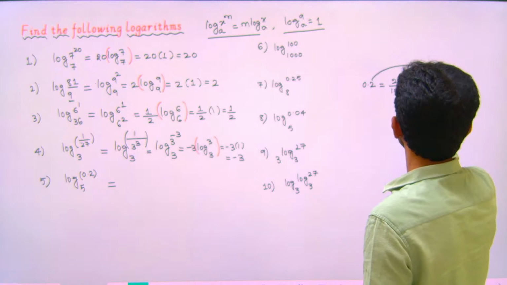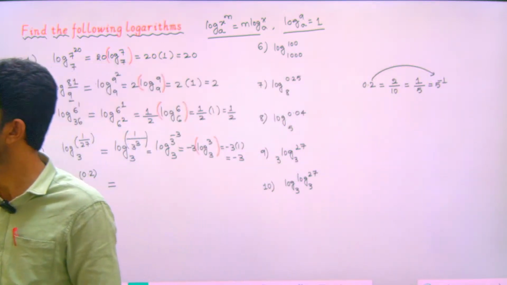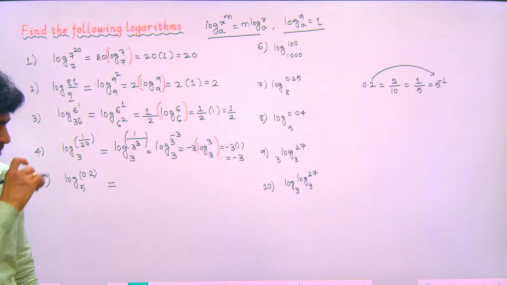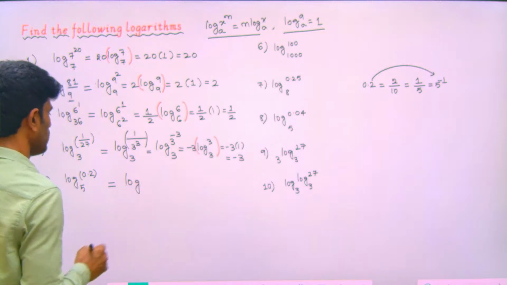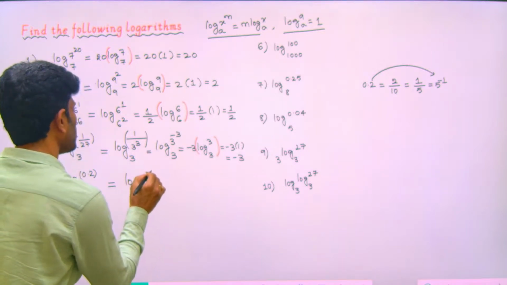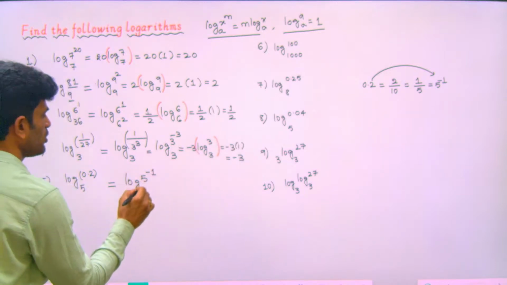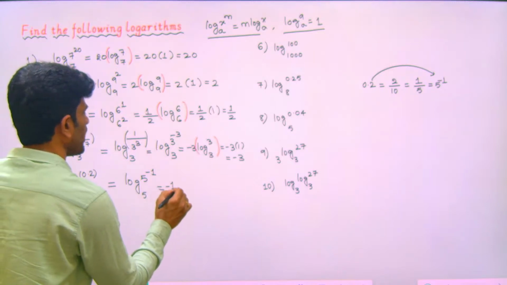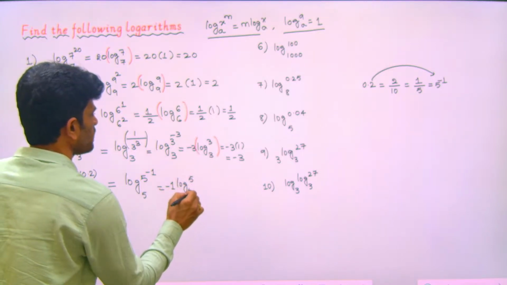So first we have to simplify what is 0.2. So 0.2 can be written as log 5 to the power of minus 1, because 0.2 we got as 5 to the power of minus 1. So log 5 to the power of minus 1 to the base 5 can be written as minus 1 into log 5 to the base 5.